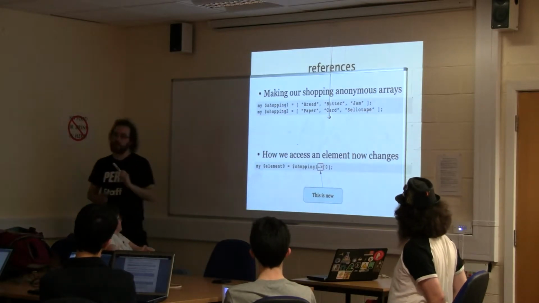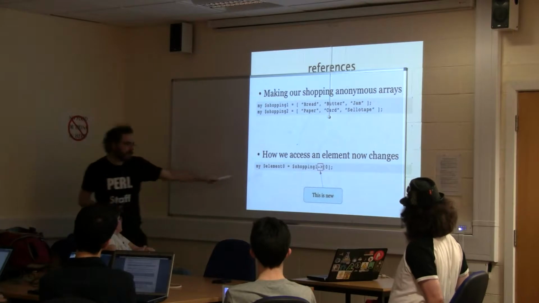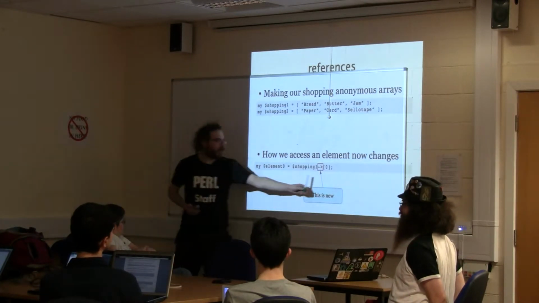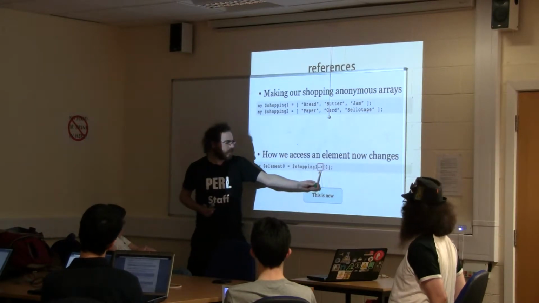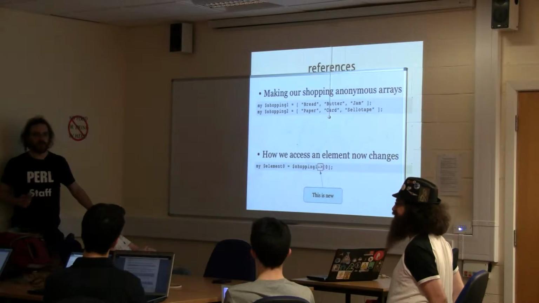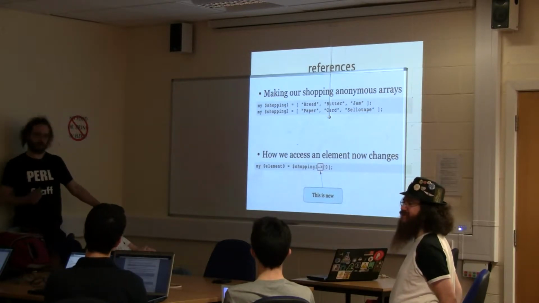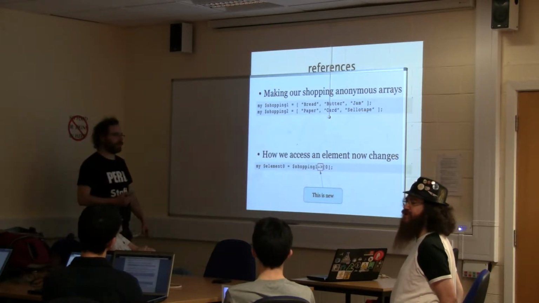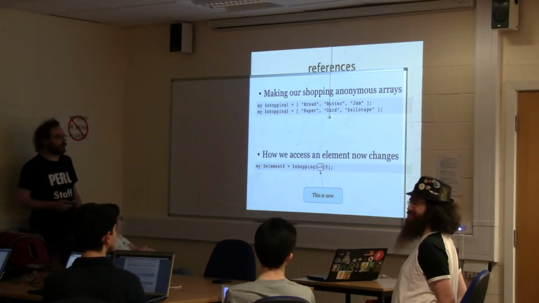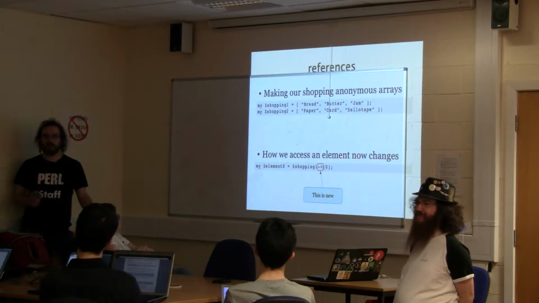Shopping 2 is now an anonymous array. We access the elements within that by doing this. This is familiar, this is familiar, this is the new bit. Okay? Anybody lost? Is that a hyphen or an equals? It's a hyphen. The comma is equals greater than, the arrow is dash greater than. So, straightforward? Everybody with me?